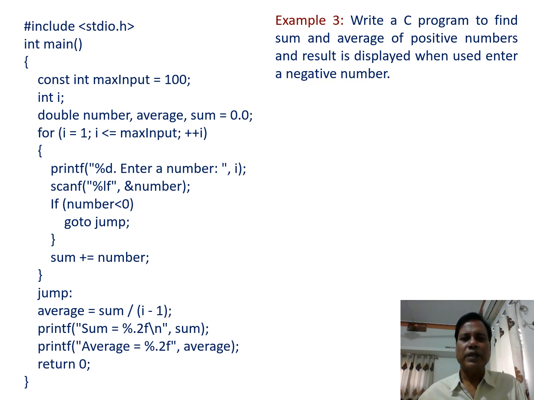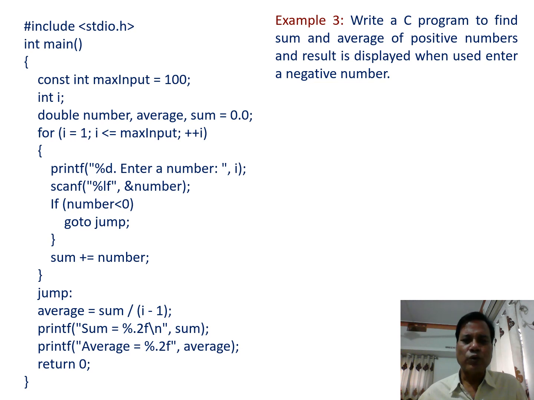Then there is a condition using if else. If number is less than 0, because the program terminates when the number is less than 0. So the first time, suppose this number is not less than 0, then goto jump. Here goto jump, where is the jump label? The jump label is mentioned at this point.